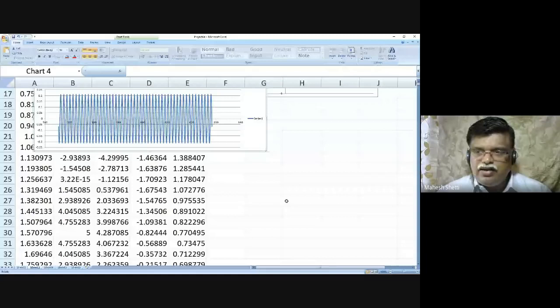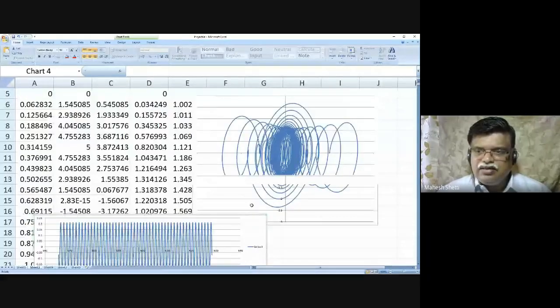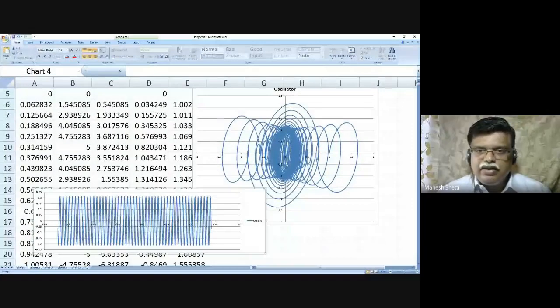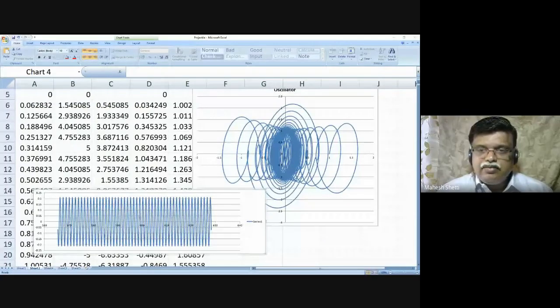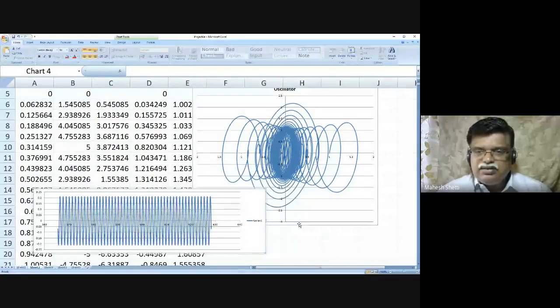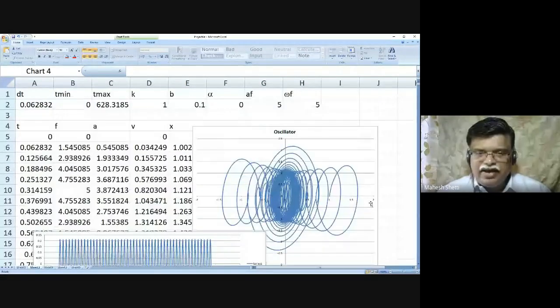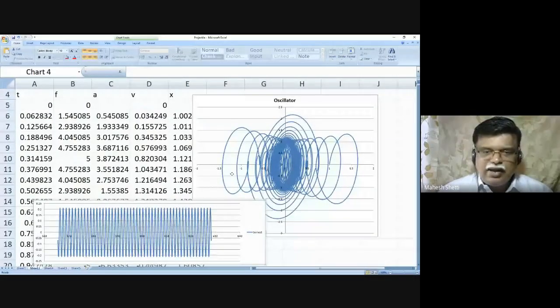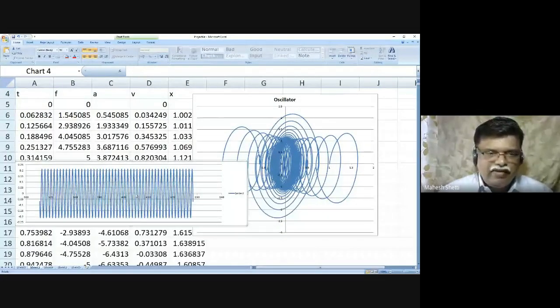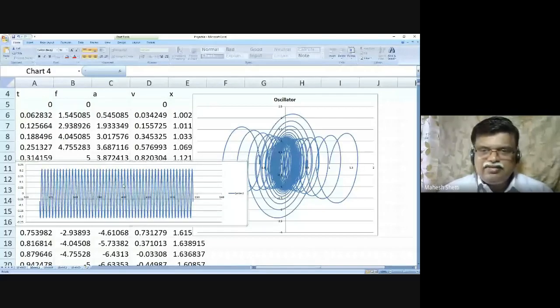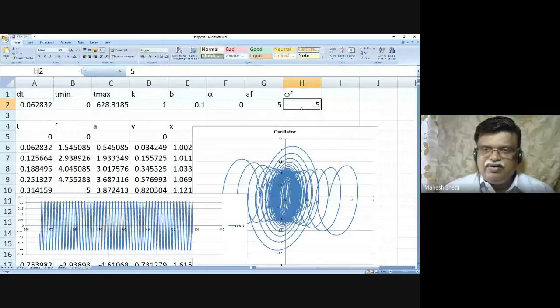So what is happening here is this is the phase space on the right hand side, and this is the time domain graph, the x versus t graph, and you see that it is a nice sinusoidal graph. What has happened is it has ultimately accepted this particular frequency, omega f equal to 5.